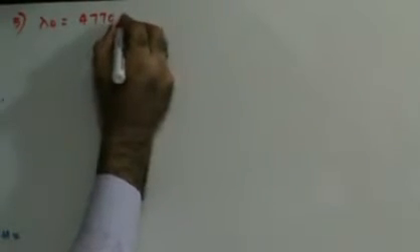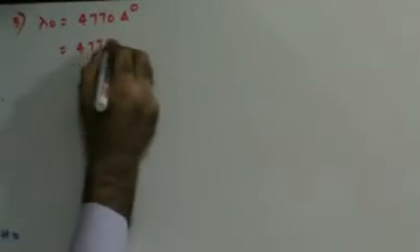An aluminium metal has a threshold frequency which corresponds to a wavelength of 4770 Armstrong unit.